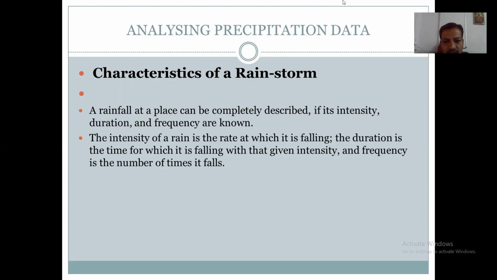That is required for analyzing the precipitation data. These are the three data required for analyzing the precipitation data: intensity of rainfall, duration of rainfall, and frequency of the rainfall. In this way, by determining these, we can analyze the rainfall data.